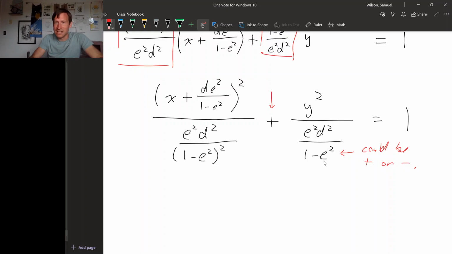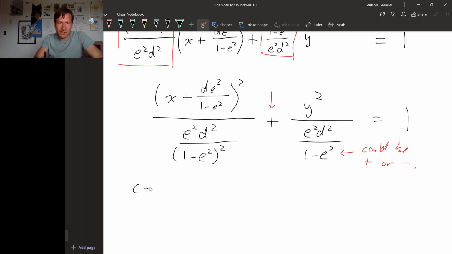It depends on e. If e is small, then 1 minus e squared is positive. If e is large, 1 minus e squared is negative, and that would make this sign in the middle here be a minus sign in principle, and so we wouldn't get an ellipse, we'd get a hyperbola. So we have to be a little careful about that. But still, we can identify all of the pieces of the equation of a conic section.